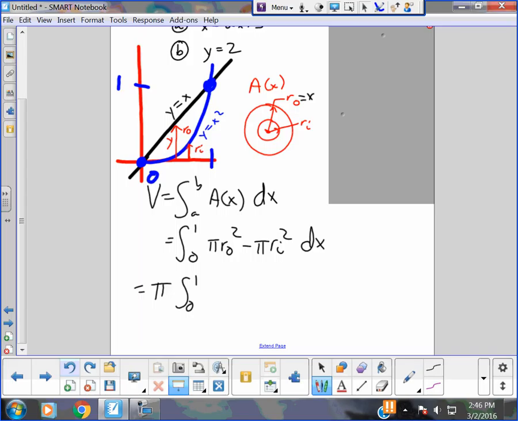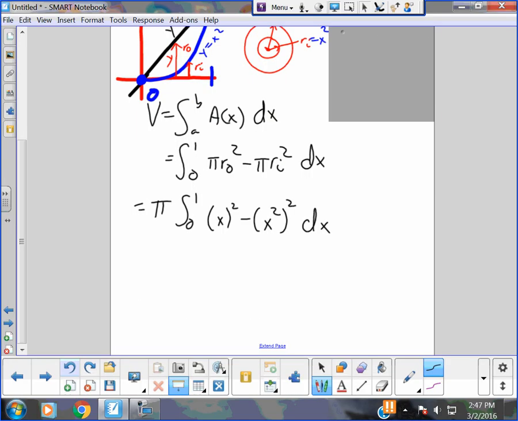R-I is x squared. Now we just are substituting in. So I have R-O, which is x, minus R-I, which is x squared, squared. All right? And now this problem, if I say write the limit but do not evaluate, or write the integral but do not evaluate, you would stop right here.